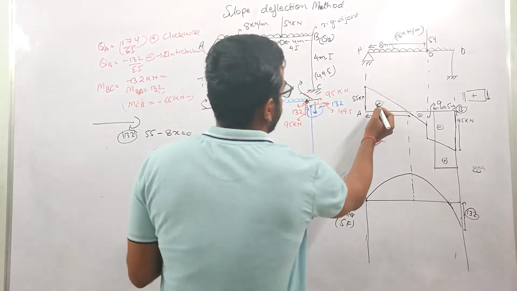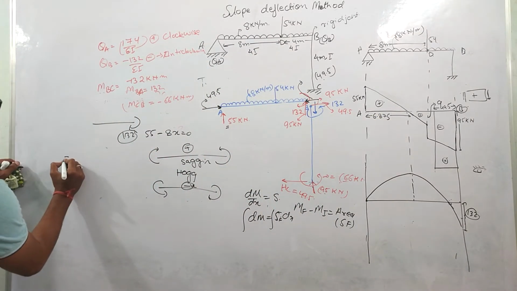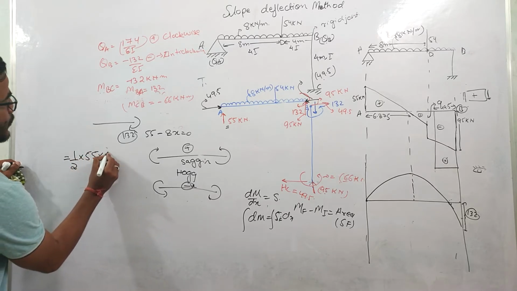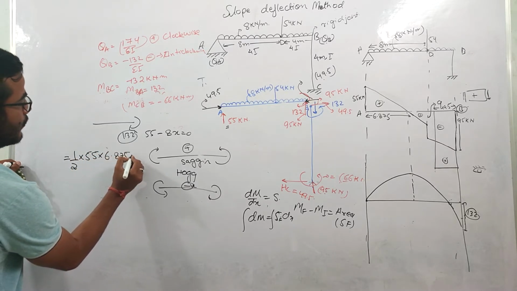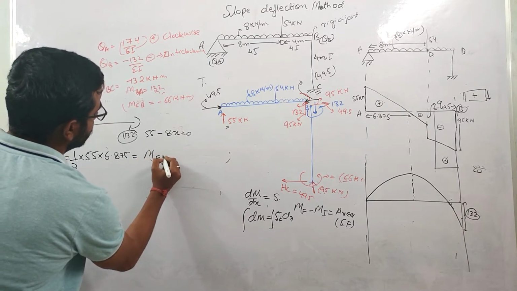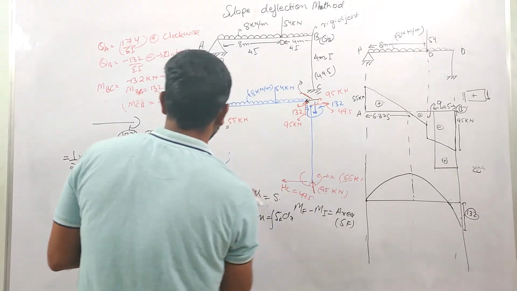So what is the area under the shear force diagram? The area under the shear force diagram is nothing but half into 55 into 6.875, which equals Mf minus M initial. M initial starting from that point is 0.